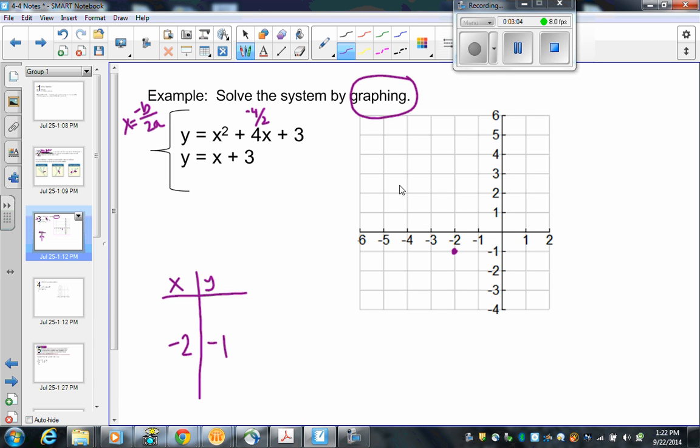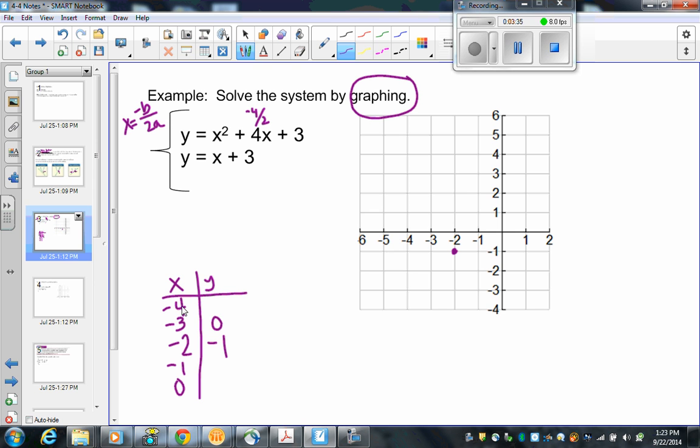Now I can find some x values that fall to the left and to the right so that I can graph it more efficiently. So negative 3 and negative 4 fall to the left, negative 1 and 0 would fall to the right. So plugging in each of these x values, we can solve for the y-coordinate that matches with those. Starting with negative 3, if I plug in negative 3 for each x location, that would give me 0 as my y value.